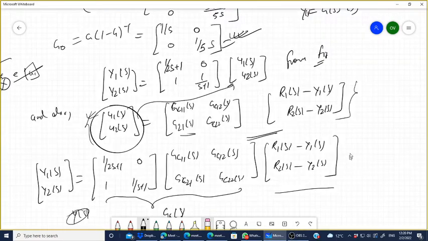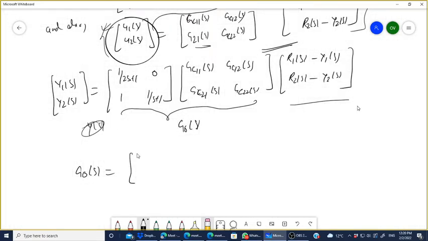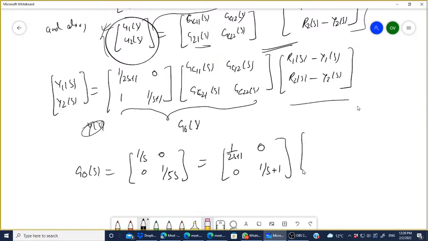So this G naught(s) is equal to [1 upon s, 0; 0, 1 upon 5s], and also this is given as [1 by 2s plus 1, 0; 0, 1 by s plus 1] into [Gc11(s), Gc12(s); Gc21(s), Gc22(s)].